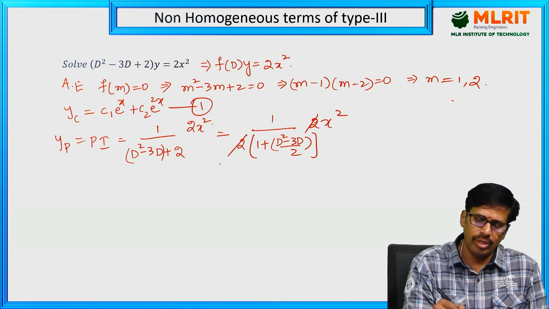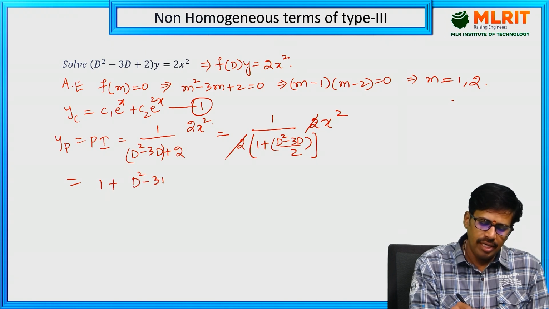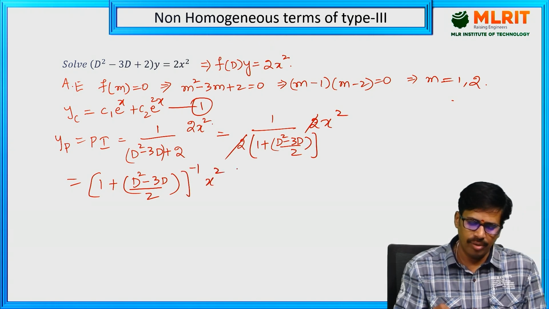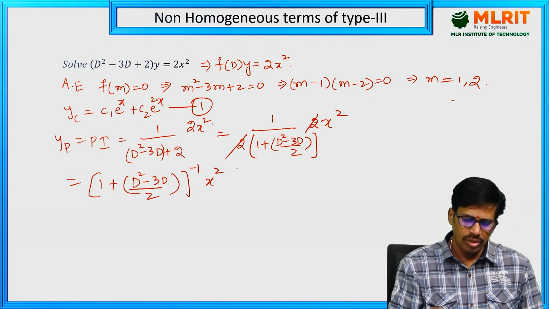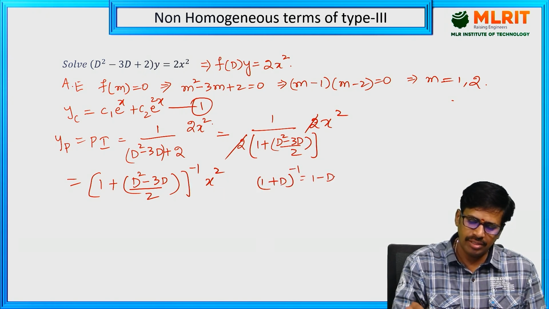Of course 2 and 2 get cancelled. This can be written as (1 plus (D square minus 3D) by 2) whole inverse into x square, right? Now this is in the form of (1 plus D) whole inverse, and the formula is 1 minus D plus D square minus D cube plus and so on.